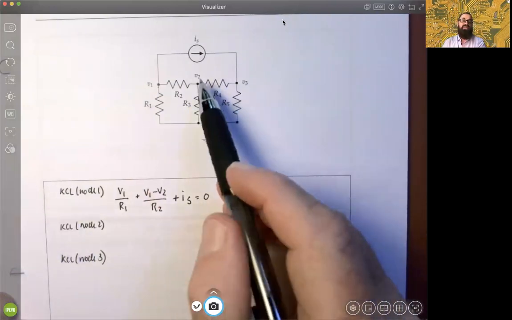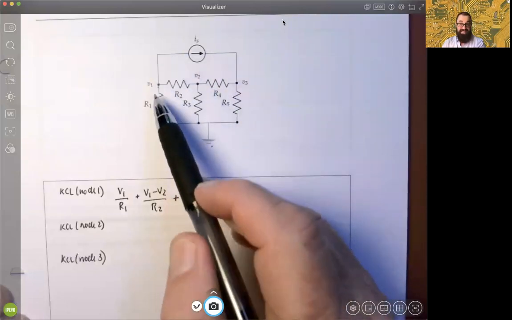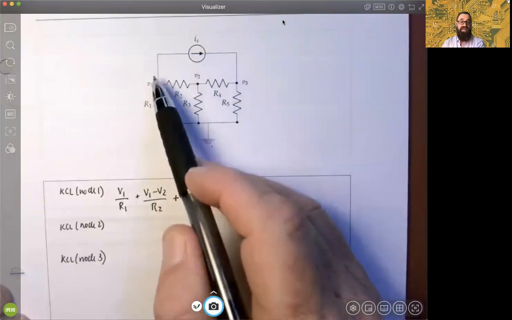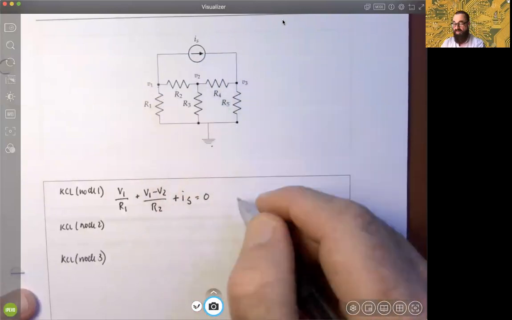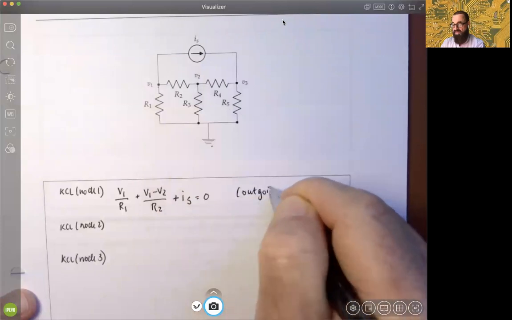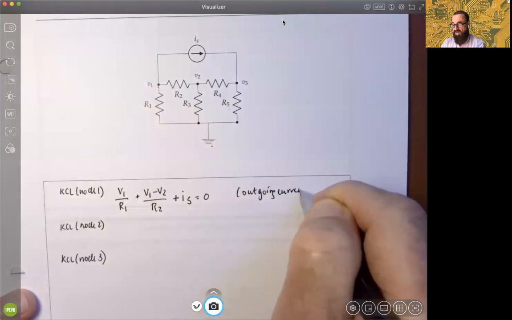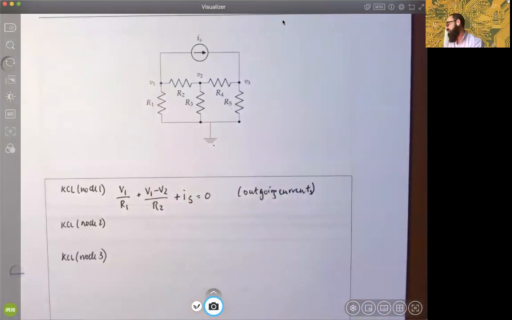Now, if this independent current source direction arrow had been the other way, going from left to right, it's coming into the node. So we are always representing, remember, outgoing currents. So just keep that in mind. When we're doing these NVA problems, we're representing outgoing currents, okay?